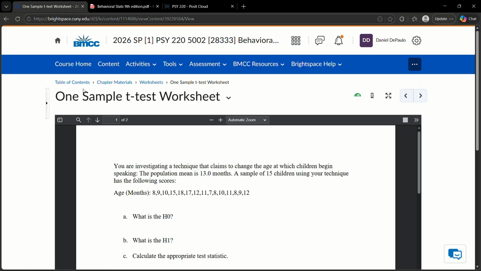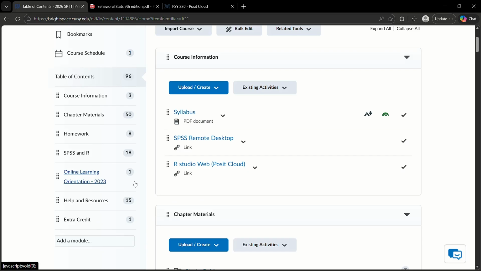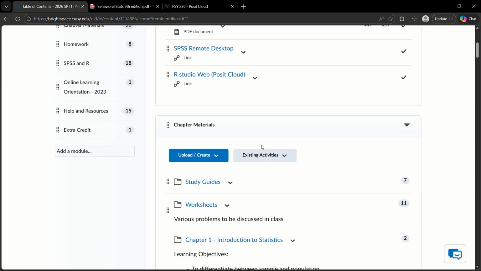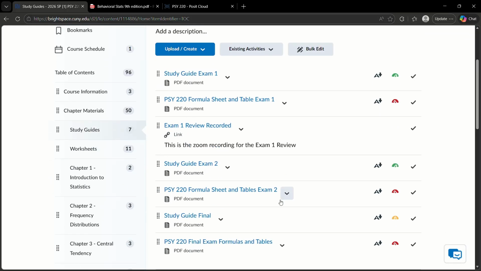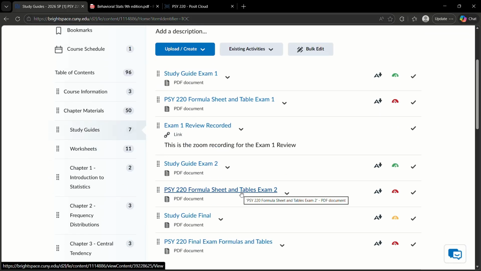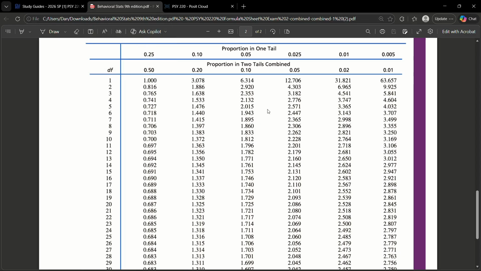So if you go into study guide here, table of contents, and then I have the study guide right here, chapter material study guides, you're going to see that if you look at formula sheet and tables exam 2, you're going to get the formula sheet and you're going to get the t table you need for exam 2. Here is the t table you need for exam 2.